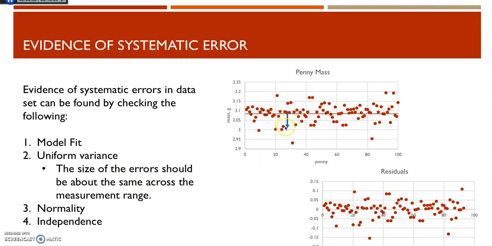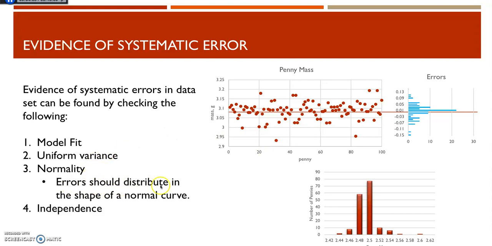At the beginning of my measurement range, I have things that are on this order, like 0.1, minus 0.1 here. And on the other side of the measurement range, I should also have things that are about 0.1. And that's exactly what I see in this data. The size of the errors is about the same across the entire measurement range. Now maybe there's an outlier or two here or there, but that's sort of irrelevant.